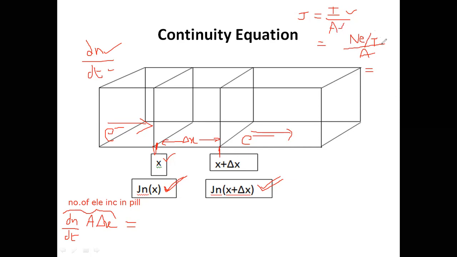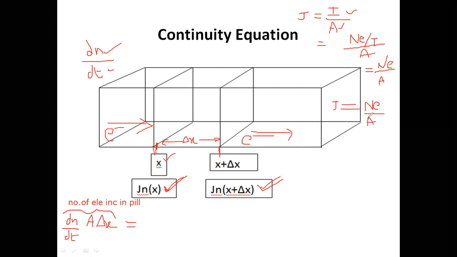Unit time means generally 1 second, so it will become Ne by A. So J equals Ne by A, right?